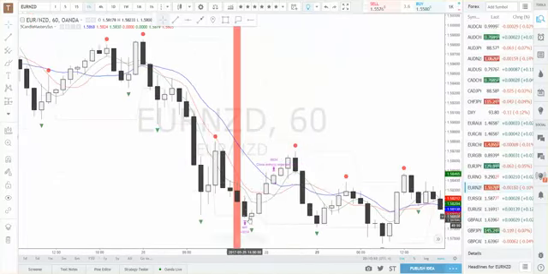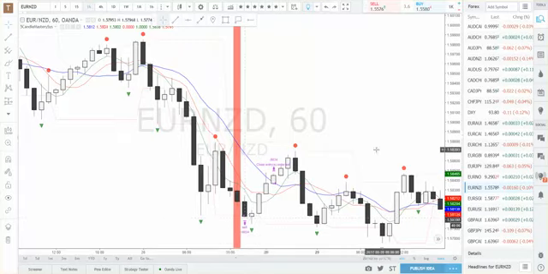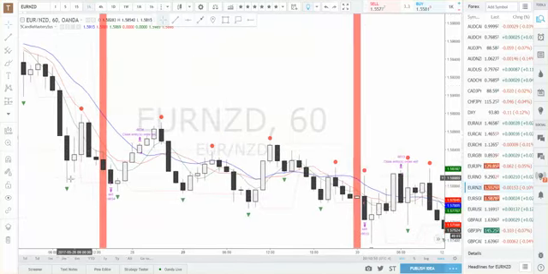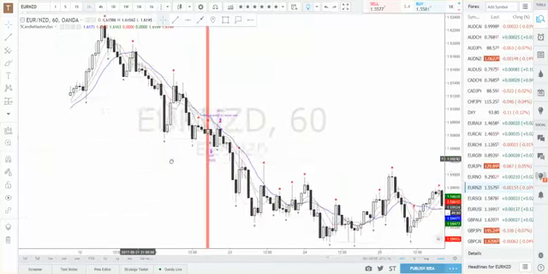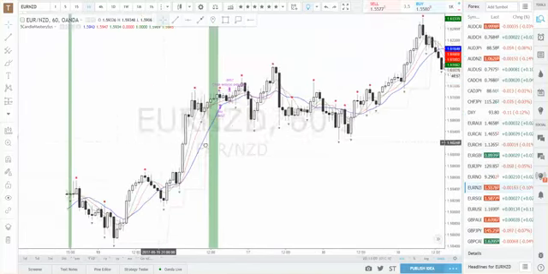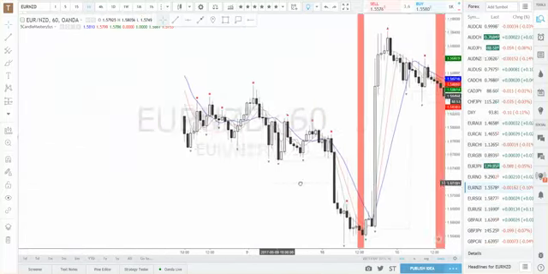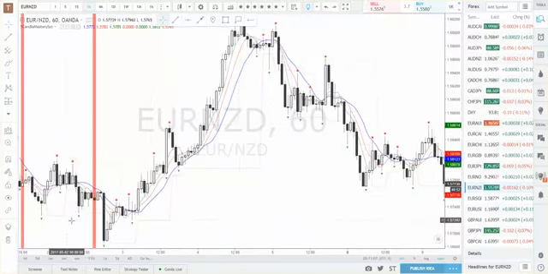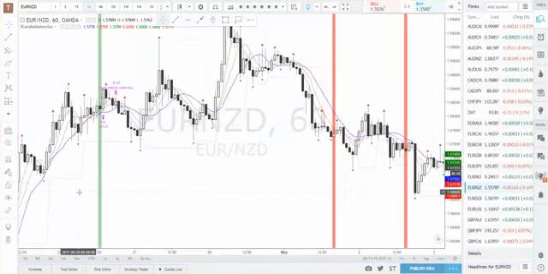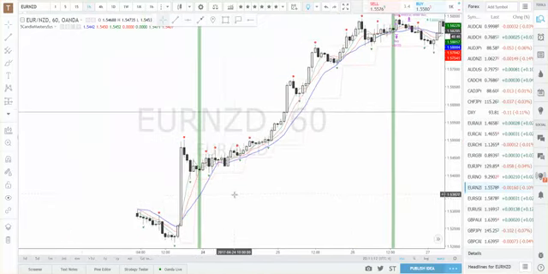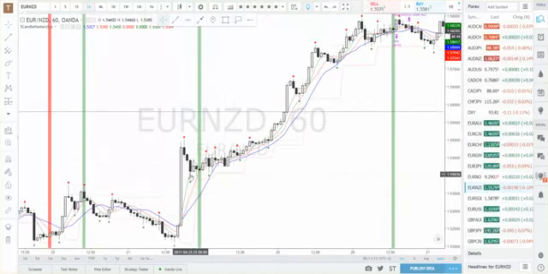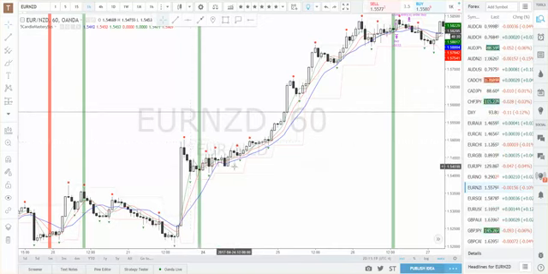These are shorts that failed. So you're going to get a lot of stop outs with this system, but I think the important part of it is being able to get trends. This could have been a really nice setup. Oh yeah, this didn't trigger because price dropped below this moving average here, so it canceled the setup.